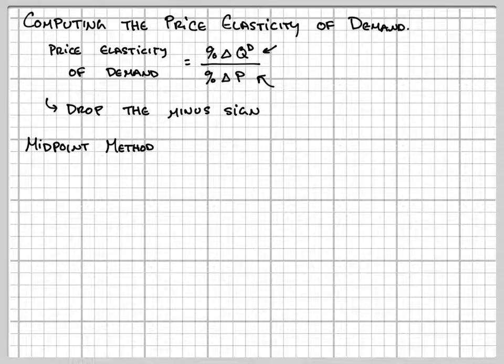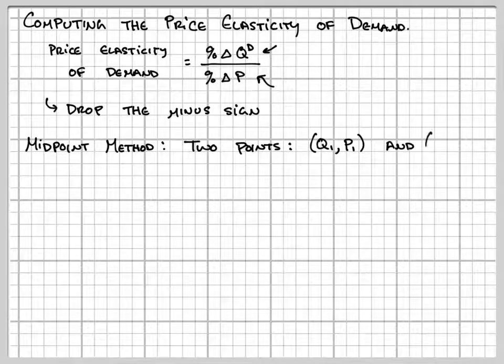And the midpoint method takes 2 points on the demand curve. So Q1, P1, and Q2, P2. So these are any 2 points on the demand curve. So the midpoint method is as follows.